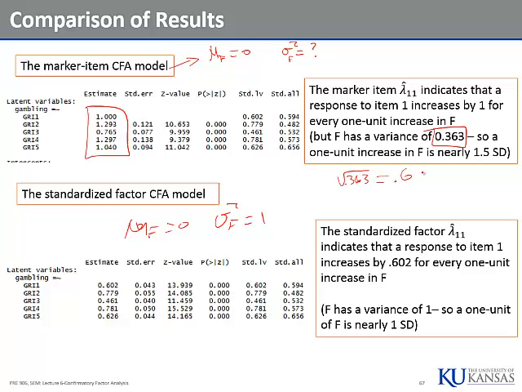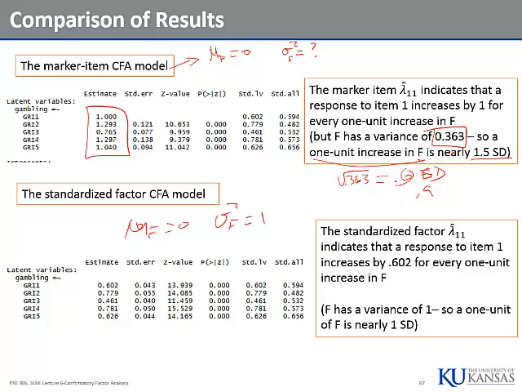This is the factor's standard deviation. So a 1 unit increase in f is about 1.5 standard deviations. It's not quite, but if this is 0.6, it's about 0.9, so it's nearly 1.5 standard deviations. So that's saying the factor goes up 1.5 standard deviations.